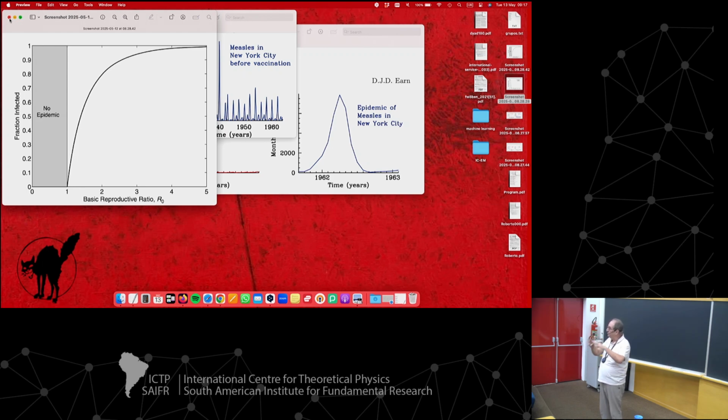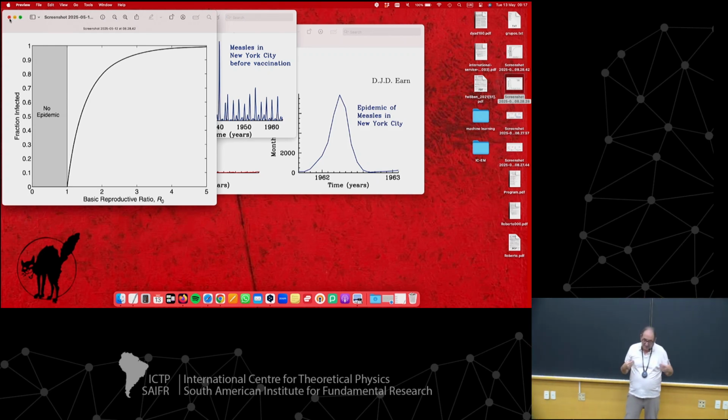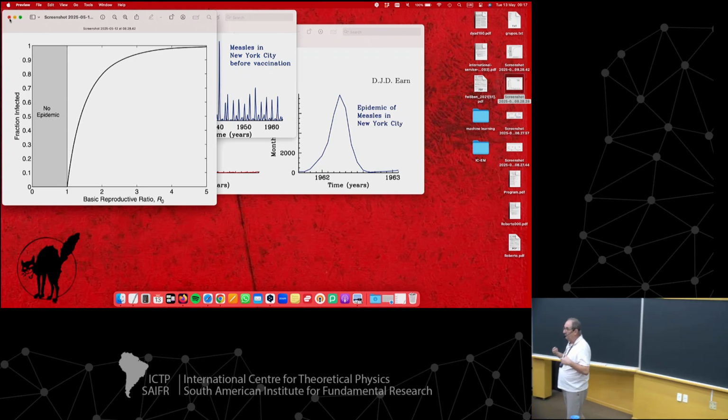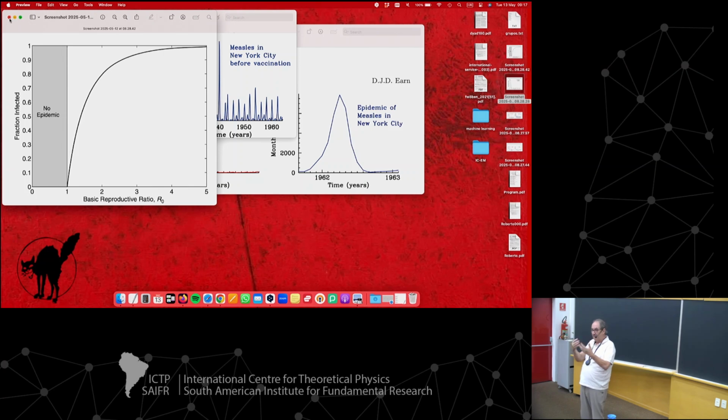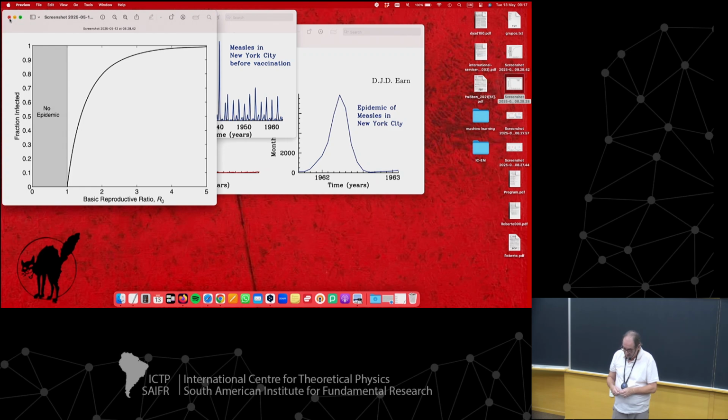So there's a burnout, and we could calculate the number of susceptibles at the end of the epidemic, which also implied that we can know the total number of people that have been infected over the course of the epidemic, which we called the final size, the total size of the epidemic.